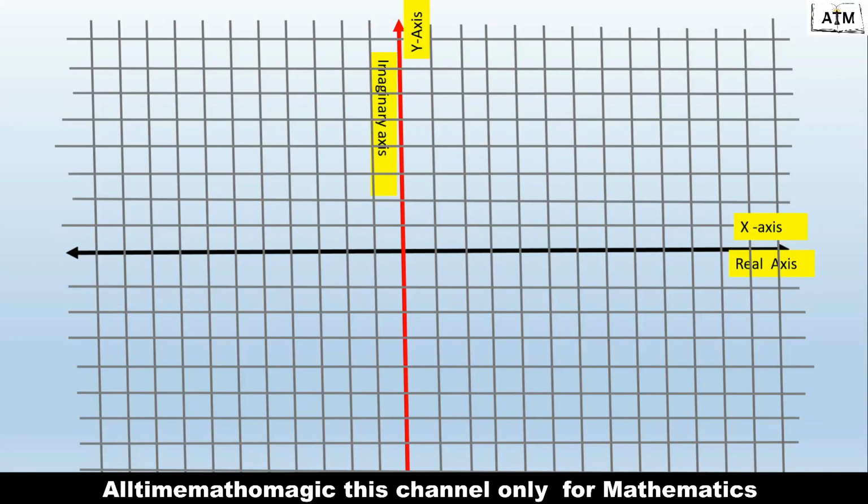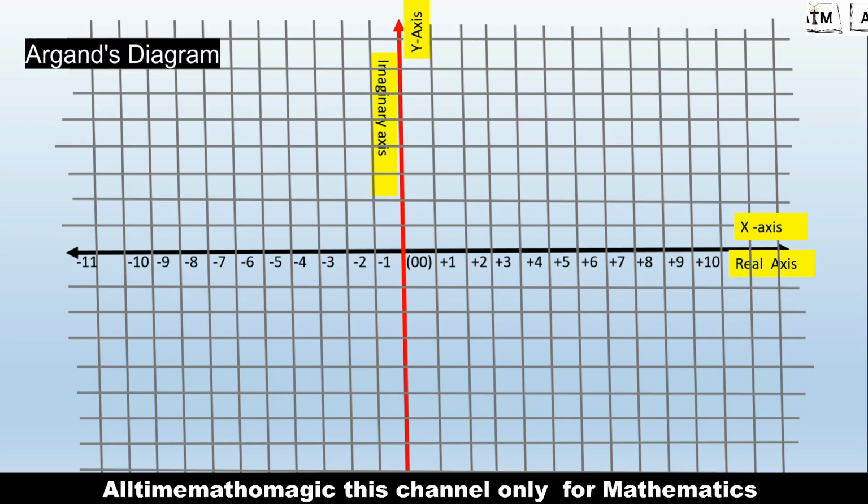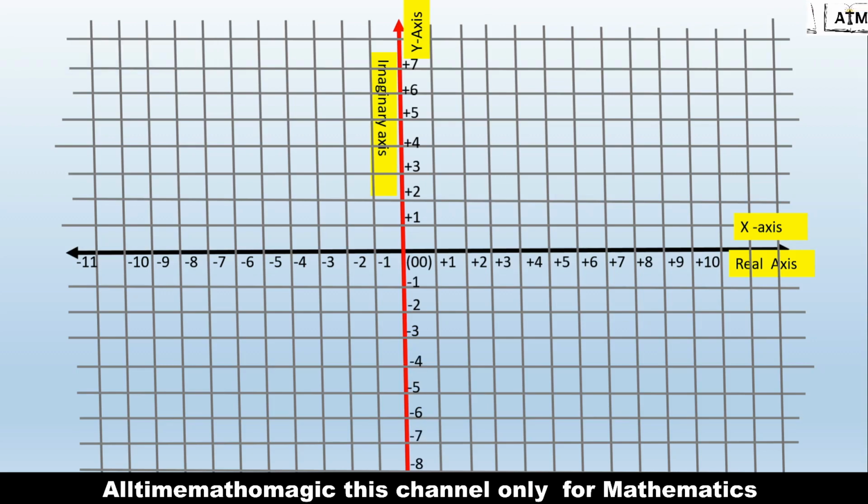In the Argand plane, the left side of the origin is written with negative numbers and the right side of the origin with positive numbers. Above the origin, we write the positive imaginary numbers, and below the origin, we write the negative imaginary numbers.